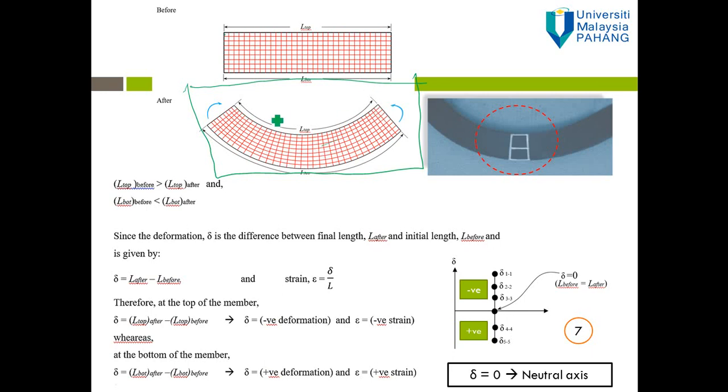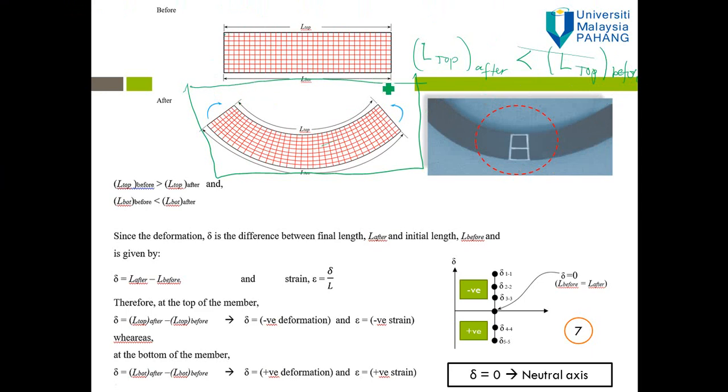So we can see that the L for the top surface after deformation is less than the length for the top surface before deformation.